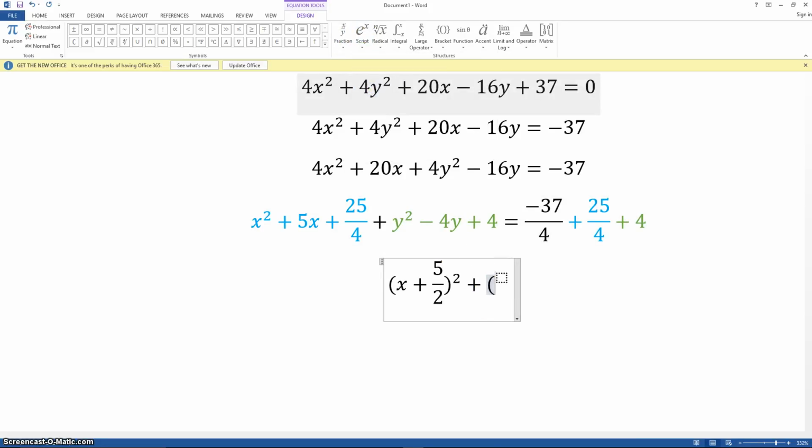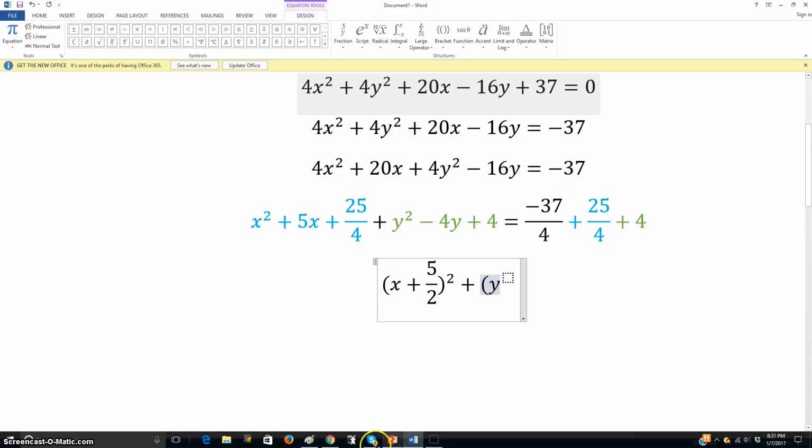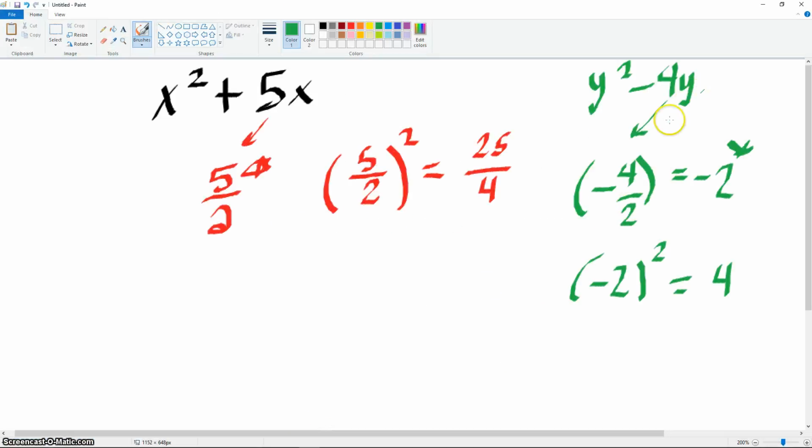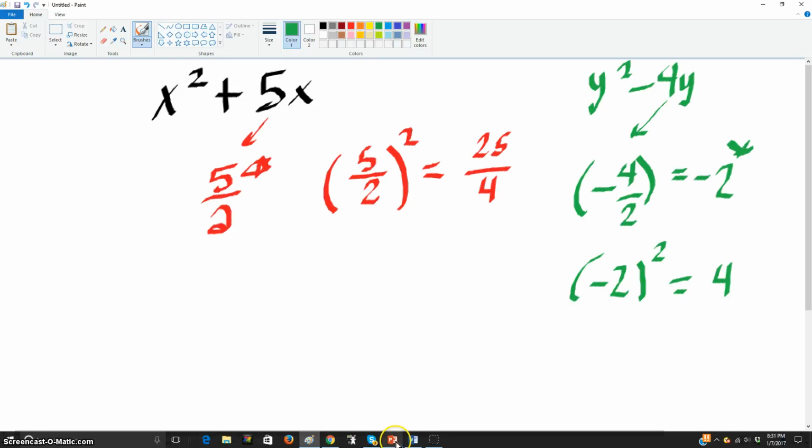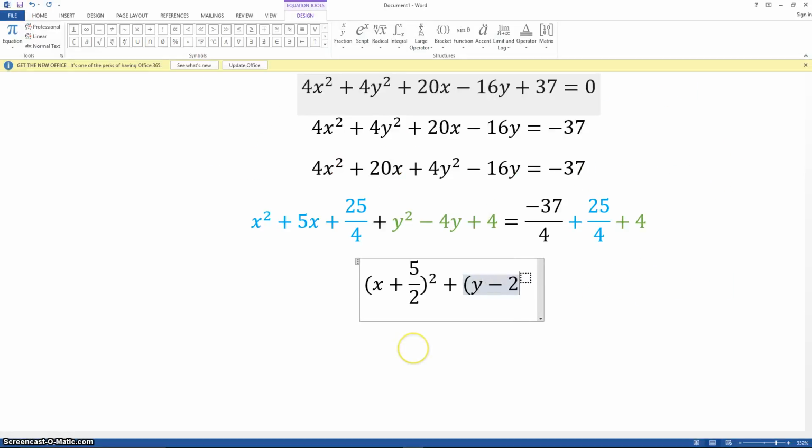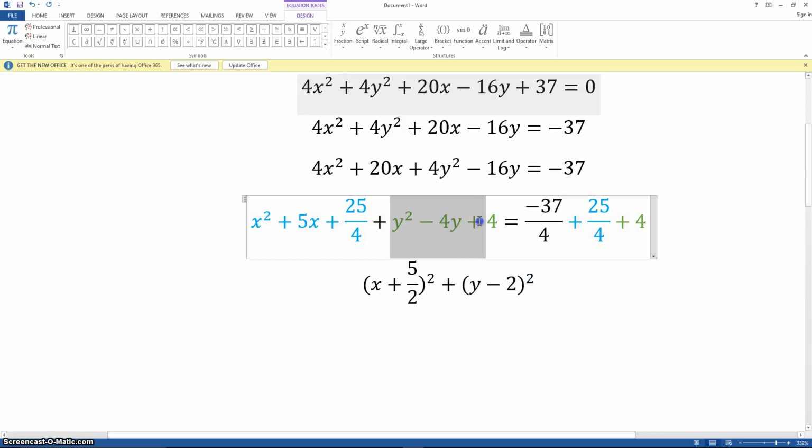We open the parentheses and we have a y variable, and then we say, okay, what was our star term? Our star term was actually a -2, and that's what we're going to type in, and we're going to square that. That's (y - 2) squared, and when you expand it, it's the same thing as y squared minus 4y plus 4.